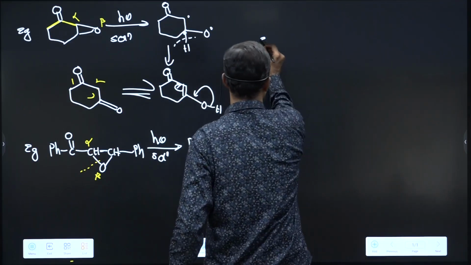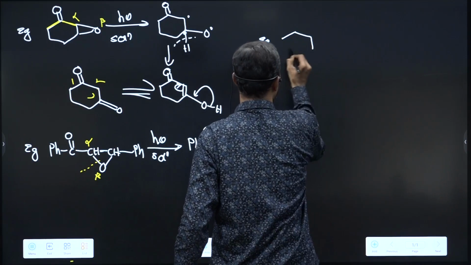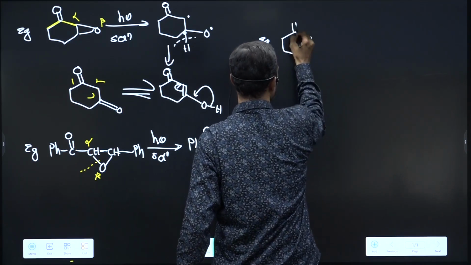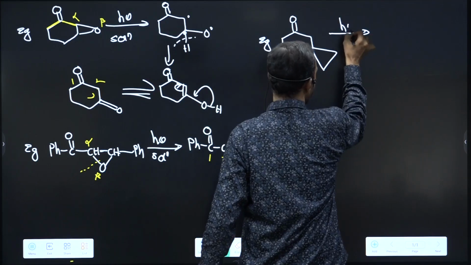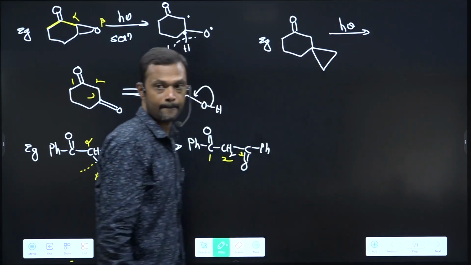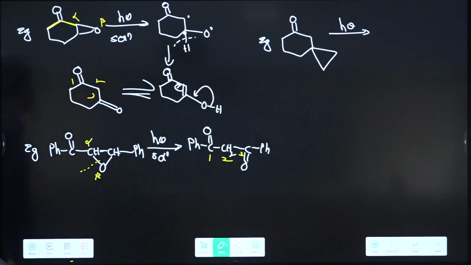So this is the last reaction. Now try to say whether Norrish I is possible or not.